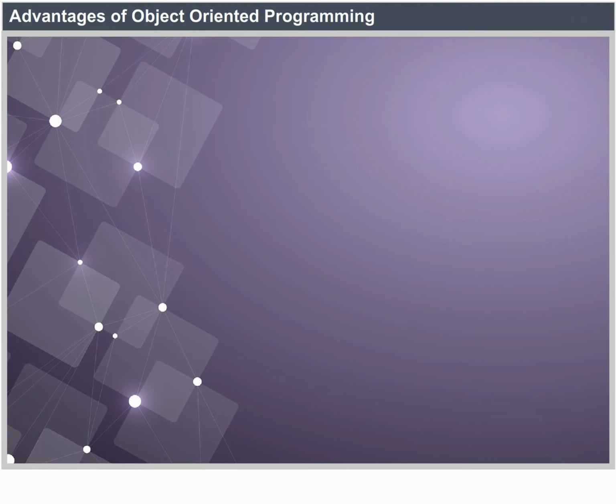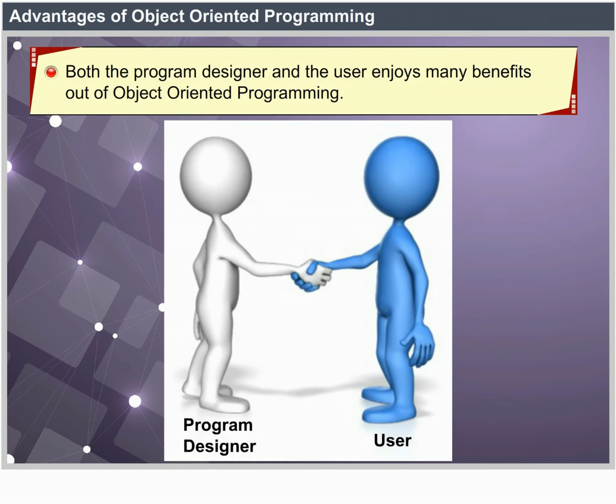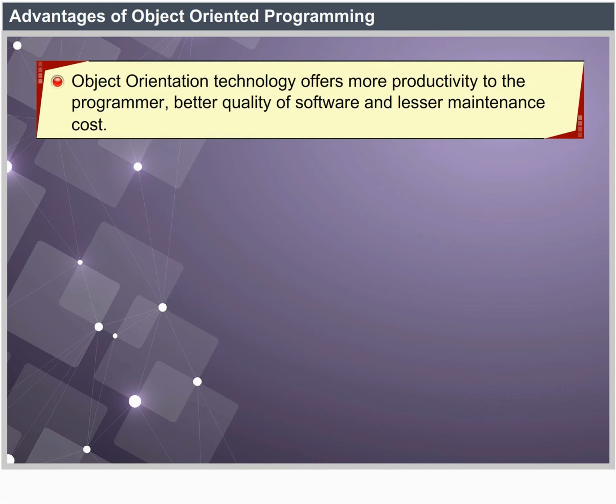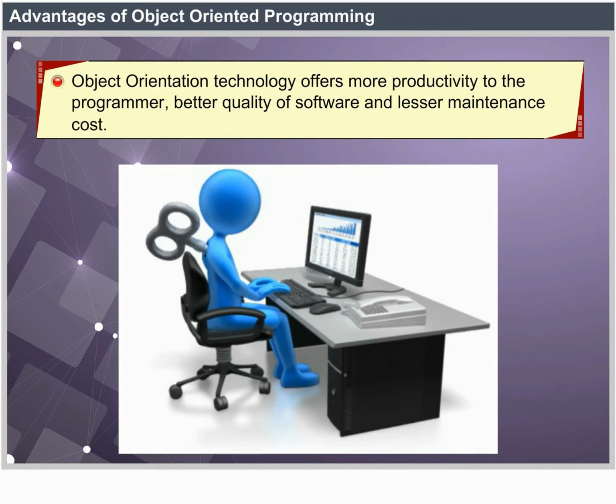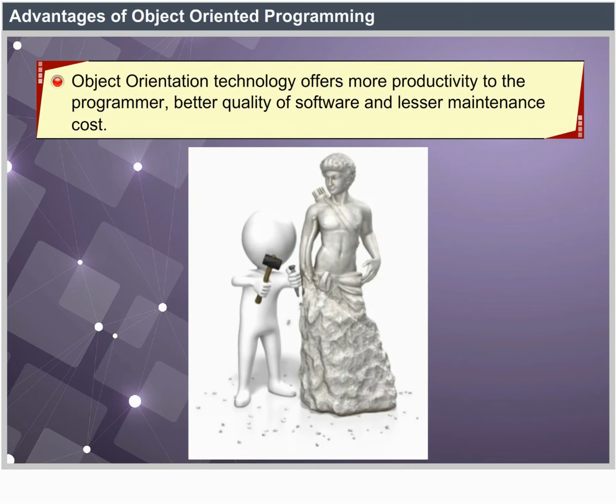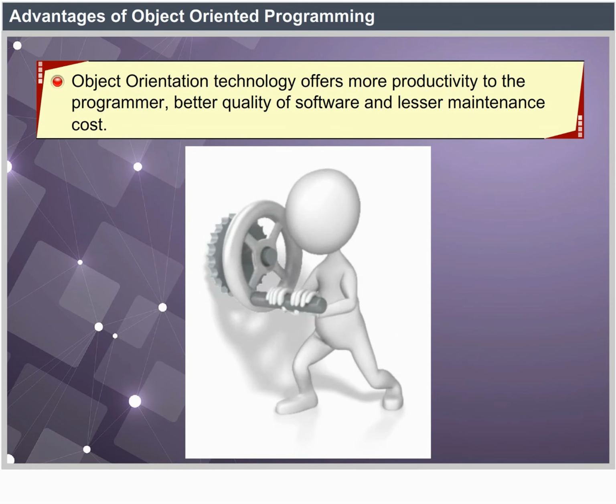Advantages of object-oriented programming. Object-oriented programming offers several benefits to both the program designer and the user. Object orientation technology promises greater programmer productivity, better quality of software and lesser maintenance cost.